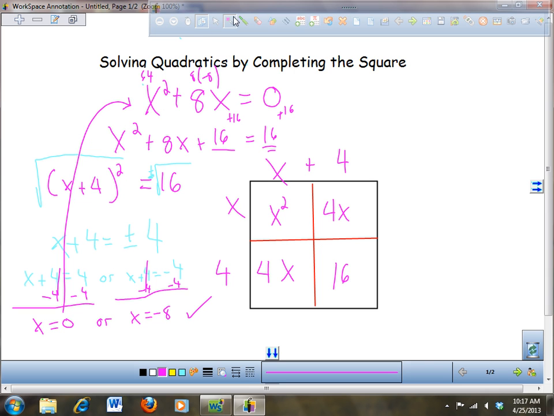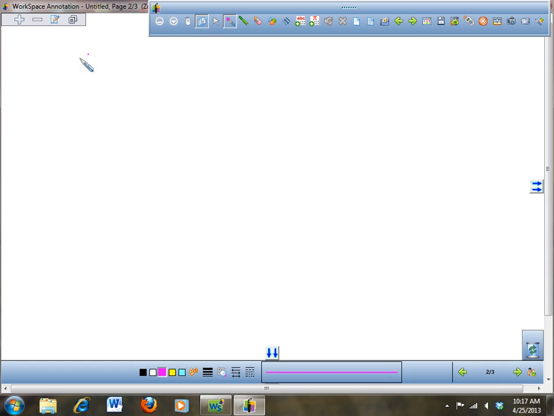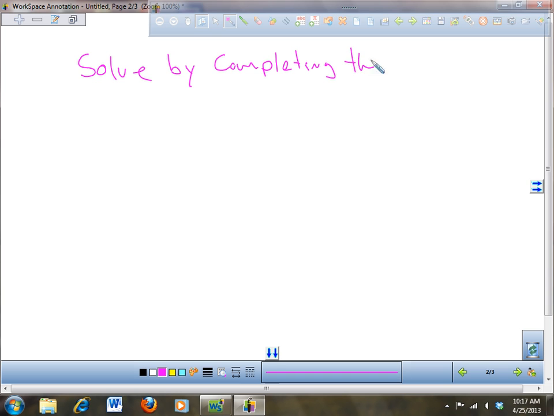So solve y squared minus 4y. And some of you say, this is dumb, I could just do this in my head really quick. But it gets more complex, all right?